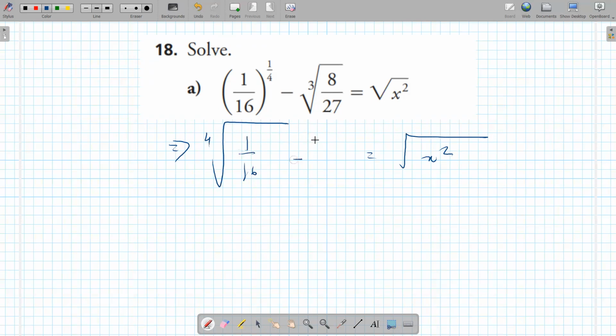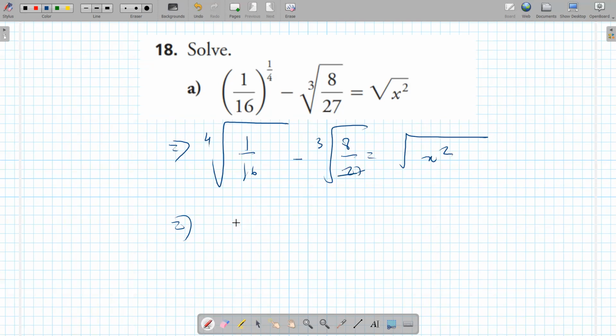Minus the 3rd root of 8 over 27. What's the 4th root of 1 over 16? It's just 1/2.